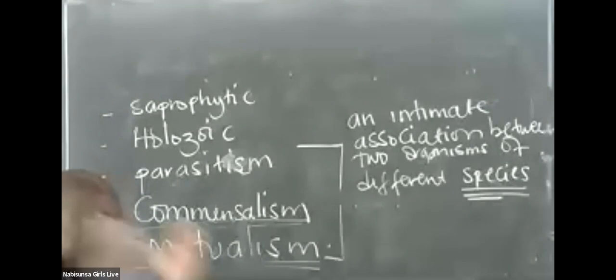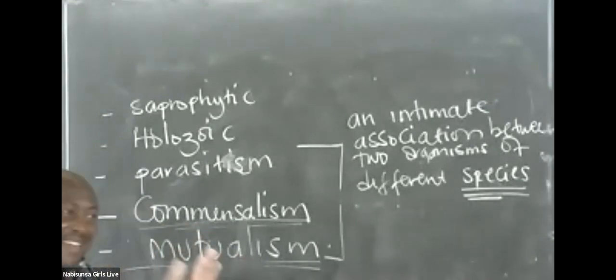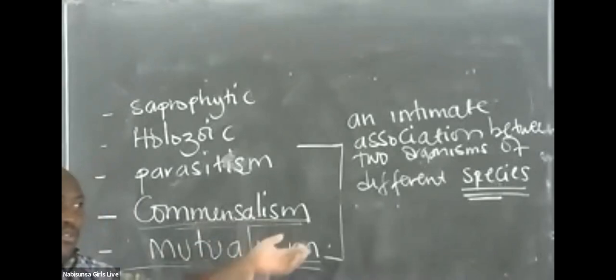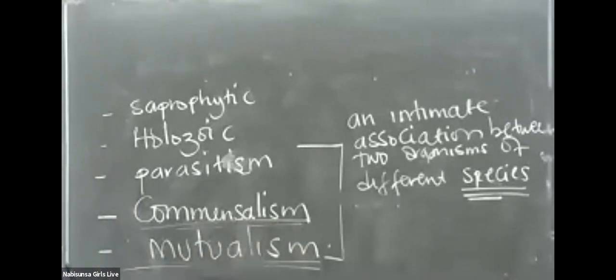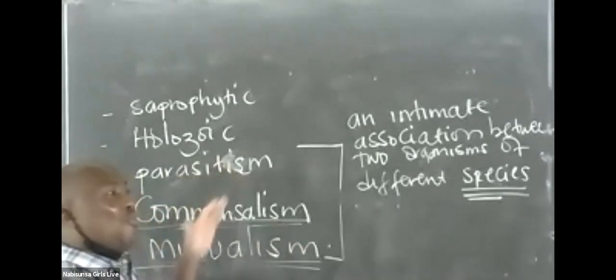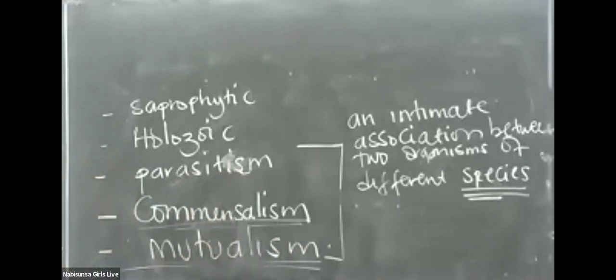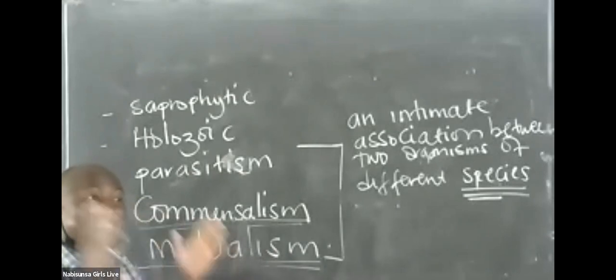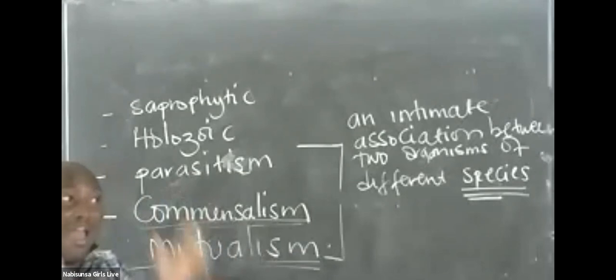In commensalism, one organism benefits, the other neither benefits nor is it harmed. Are you getting it? So it is only one side. You give, but you don't cause any problem. Are you getting it? Parasitism, one organism benefits, the other does not benefit, but it is harmed.